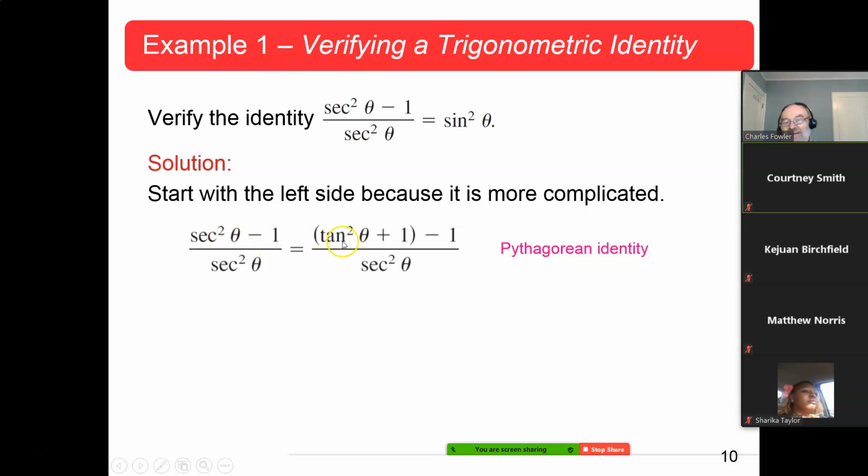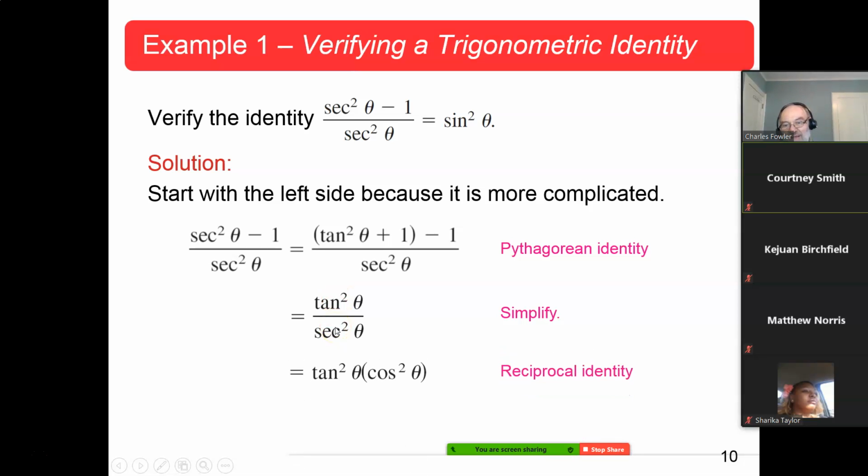This is simply tangent squared theta. Okay, we showed that, but they rewrote secant squared theta as tangent squared theta plus 1, then minus 1, and that's just tangent squared theta over secant squared theta. I thought they did a little extra work there. Okay, so this gives us exactly what we got, tangent squared theta over secant squared theta.